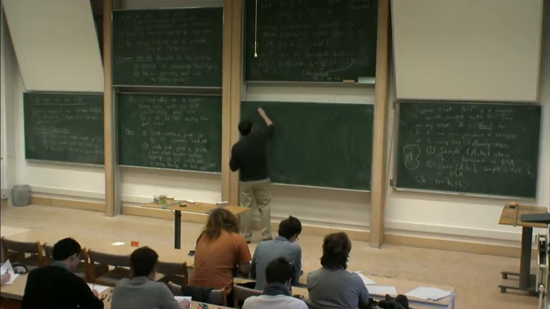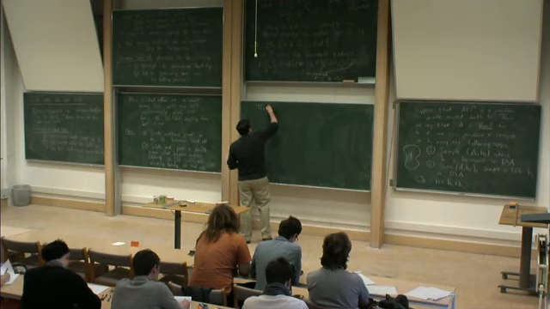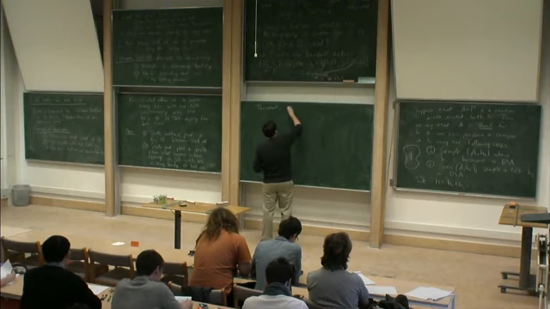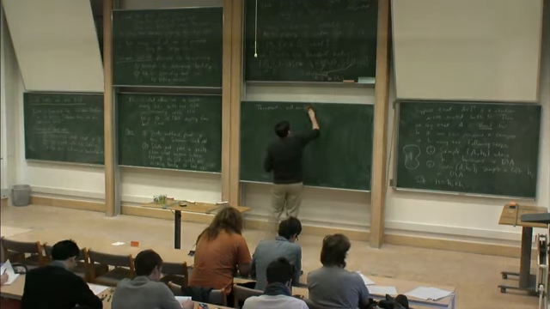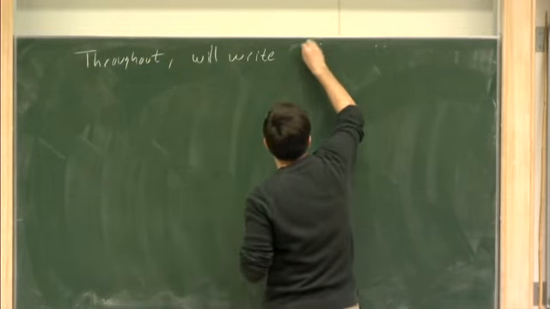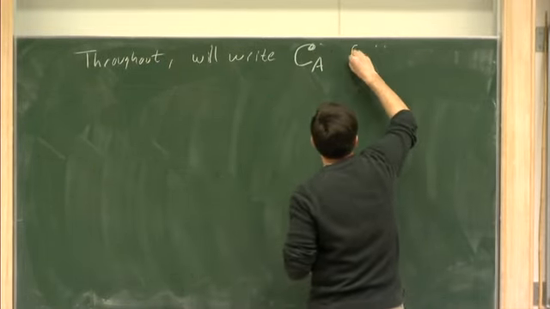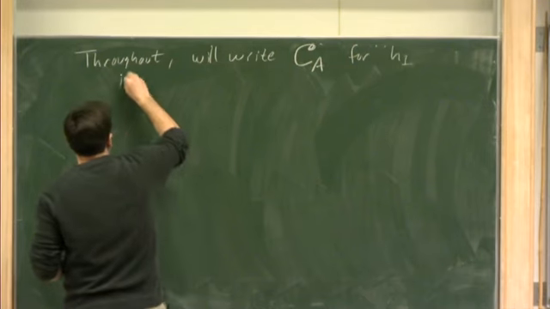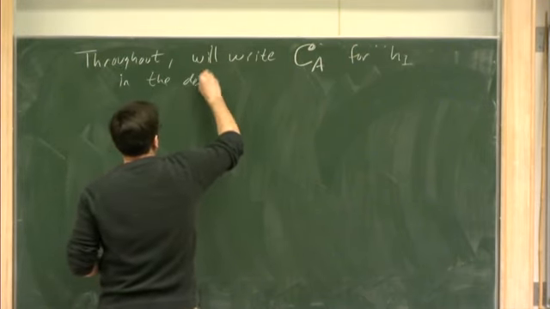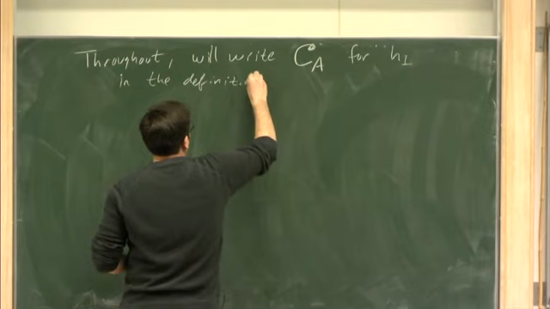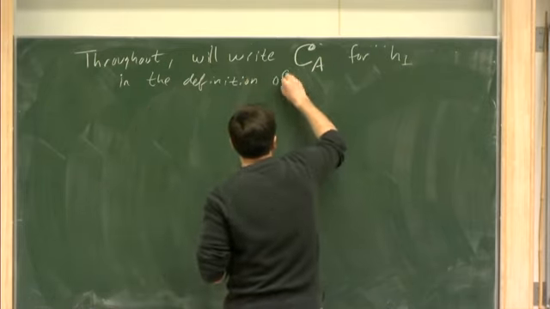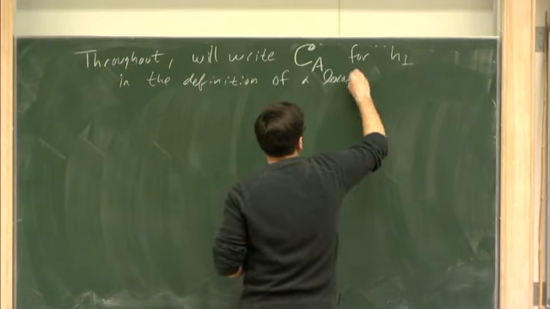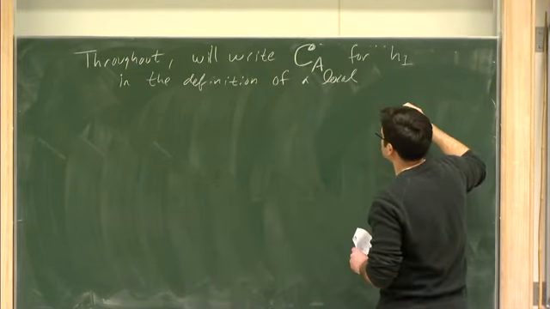Before I state the first result, I'm going to write a calligraphic C sub A for the function h1 in the definition of a local set, the thing which is harmonic on the complement of A. This is consistent with the notation from Schramm and Sheffield's paper.